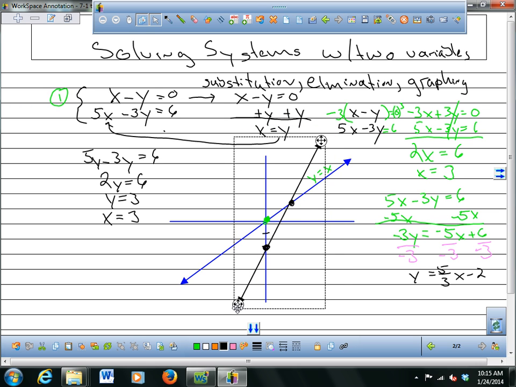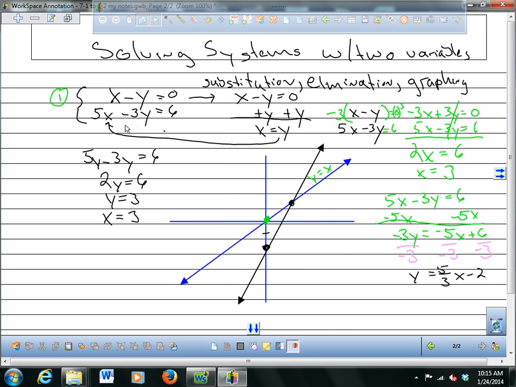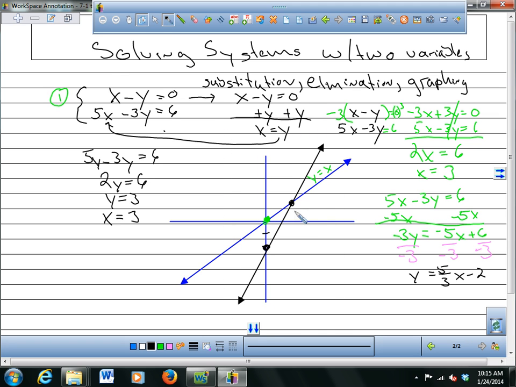Good enough. All right. And if I did this correctly, this should be the point 3, 3, which it kind of looks like.